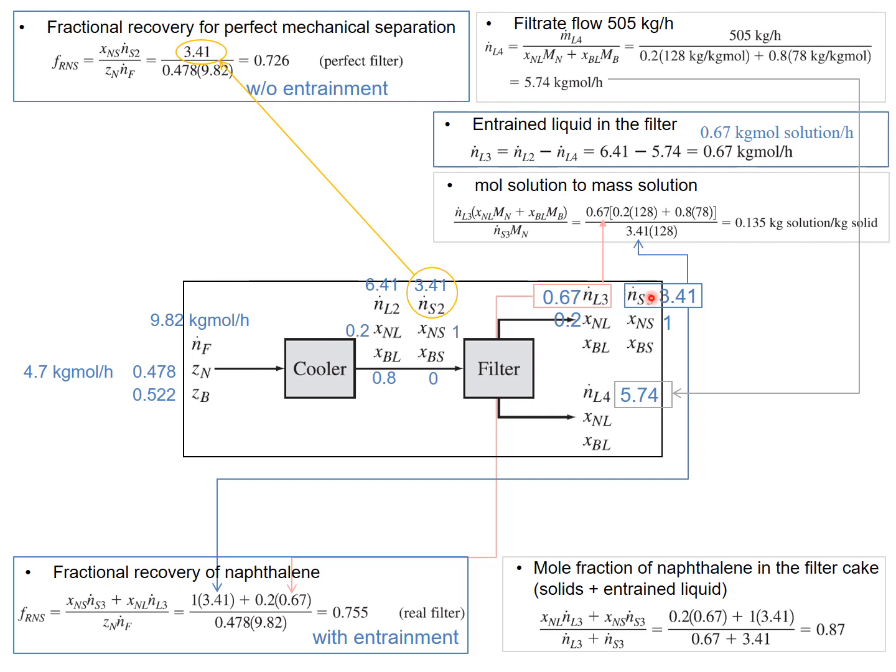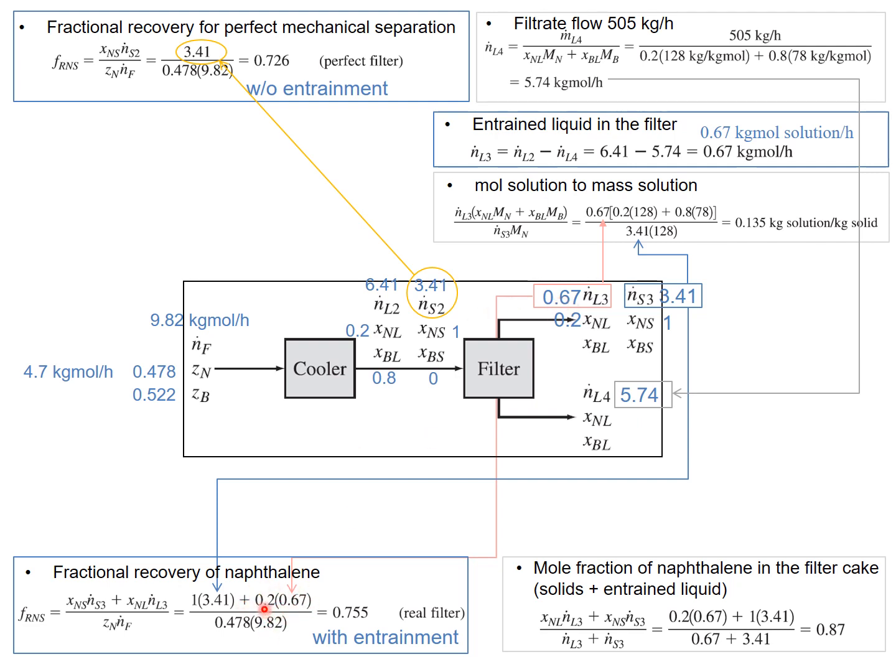So the solid is all naphthalene, so 3.41, and the other naphthalene comes from the liquid part. The total amount of liquid is 0.67 kilogram mole per hour, and 20 mole percent of this stream is naphthalene. The other is benzene. So this is the amount from the liquid part.